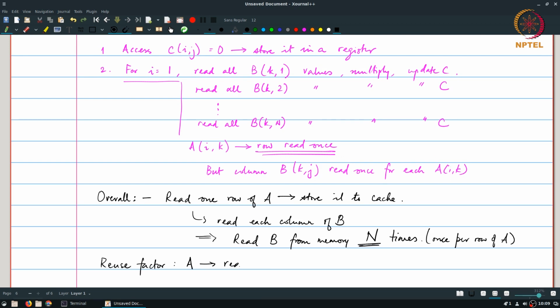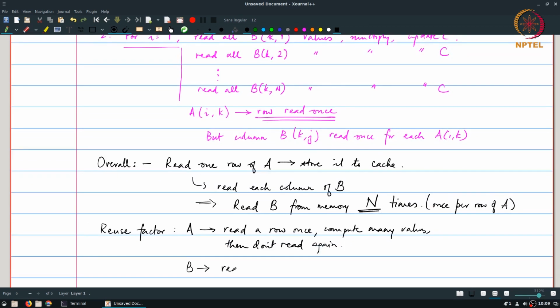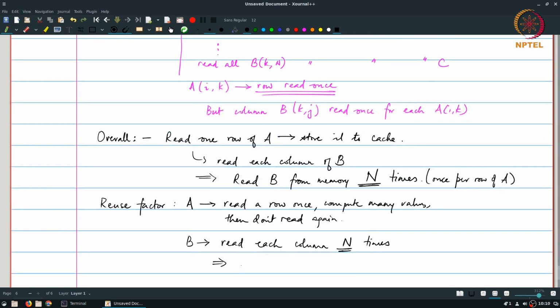I read a row once, compute many values, then don't read again. But B, read each column n times, which implies that the entire matrix B has to be read n times.